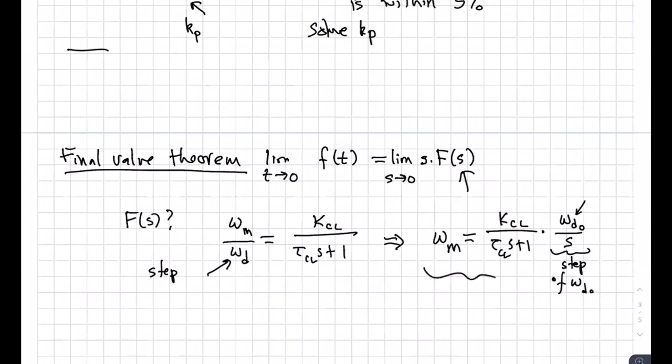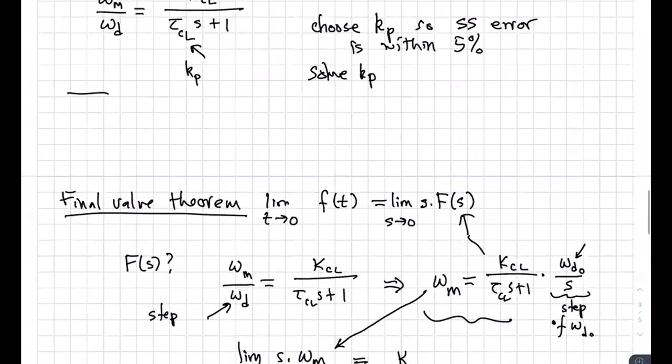So I put this guy in here as my f of S, and then I take the limit as S goes to 0 of S times my omega m, which is this guy. Now, what do I get? Well, you can see I'm going to get basically K CL, right?